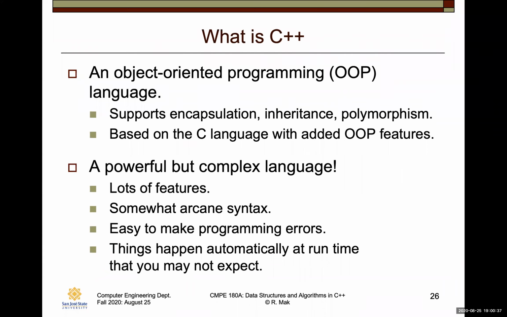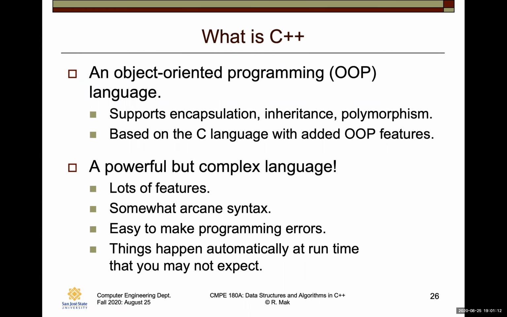All right, so what is C++? It's an object-oriented programming language. It supports encapsulation, inheritance, and polymorphism, which are the main characteristics of object-oriented programming. It was based on the old C language, and they added on object-oriented programming features. As I mentioned earlier, very powerful language, but very complex, lots and lots and lots of features.